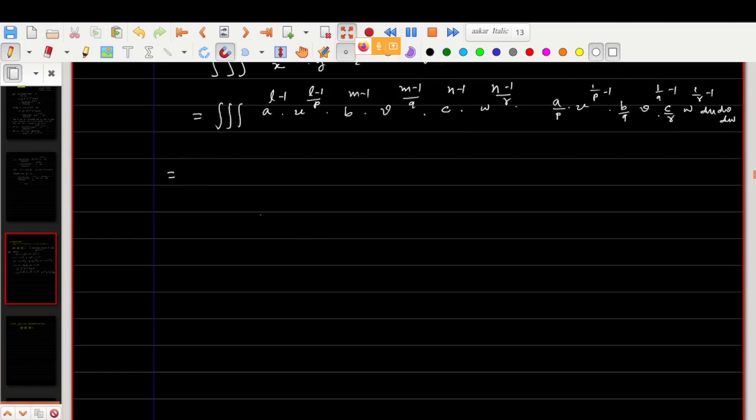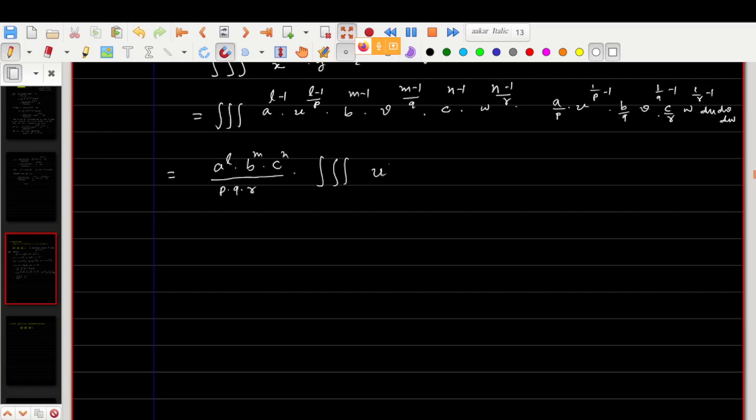Since here we have a power l minus 1 and a, a power l will be there, a power l, b power m, c power n. Similarly, the factor pqr will come out, and inside, u power l by p minus 1 by p plus 1 by p minus 1.